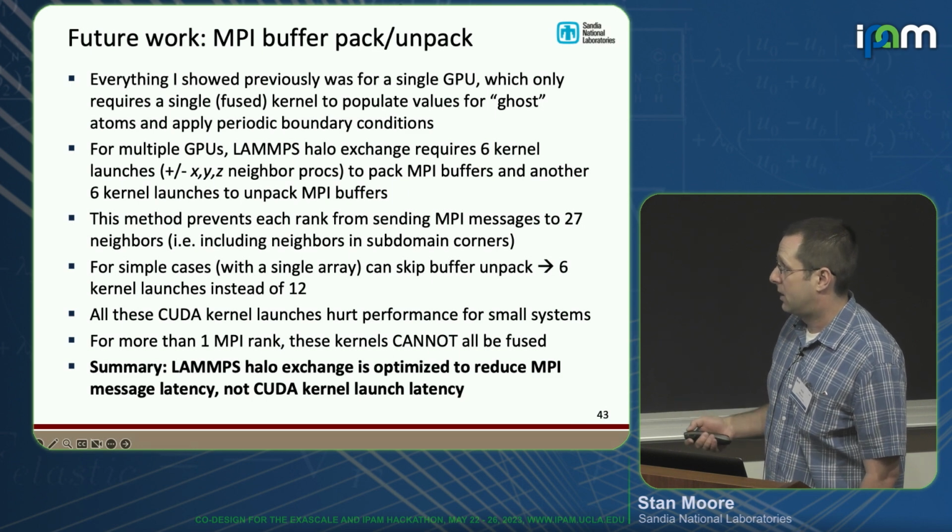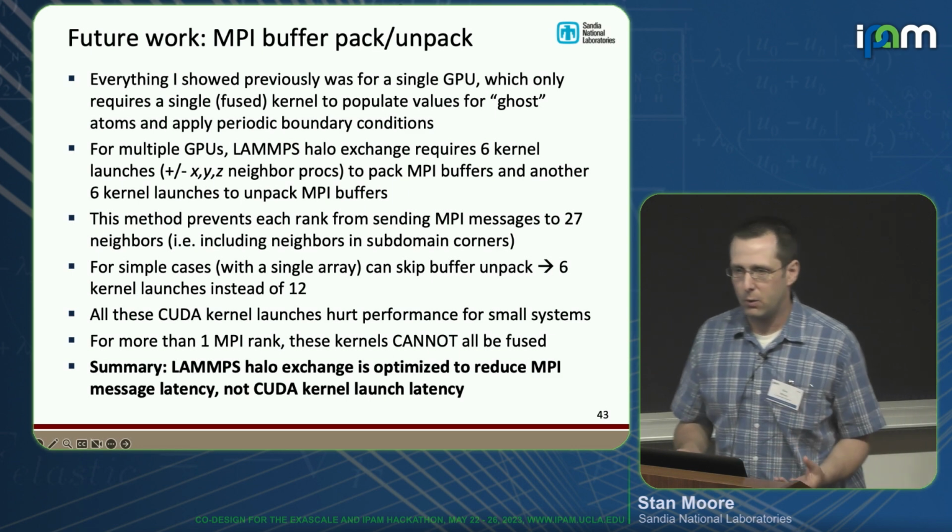For simple cases, I'll mention that you can skip the buffer unpack, so we're only launching 6 kernels instead of 12. But this is really just to say that if we're running on more than one MPI rank, or more than one GPU, then we have this overhead of a lot of kernel launches. This can hurt performance for small systems.